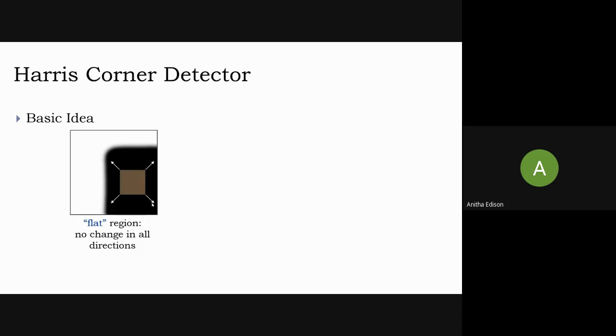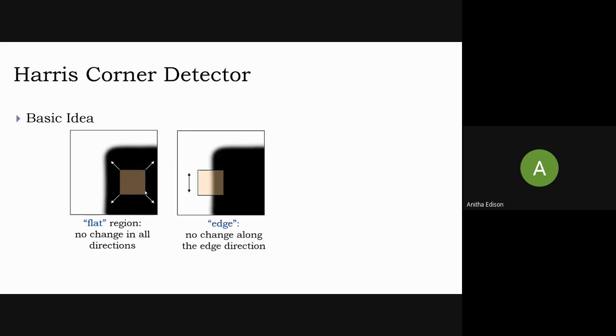And the basic idea is, as I said earlier, a corner detector was developed, and the basic corner detector that was developed is called the Harris corner detector. The basic idea of that corner detector is this: in a flat region, there won't be any change in intensity in any direction. But if you take an edge, there will not be any change in the direction of the edge.